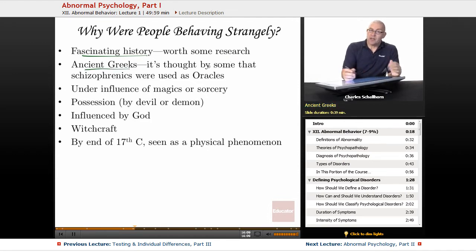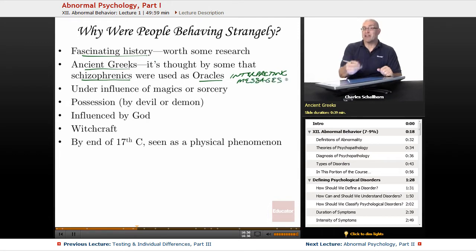The ancient Greeks, it's thought by some that the Oracle of Delphi and some of the other oracles that they had were actually occupied by schizophrenics who were speaking in what was essentially gibberish, and that the high priests of the oracles were the ones who would be interpreting the messages from what may have been schizophrenics. So essentially, the priests were using a mental illness in order to control the population and people who were coming to them for readings.